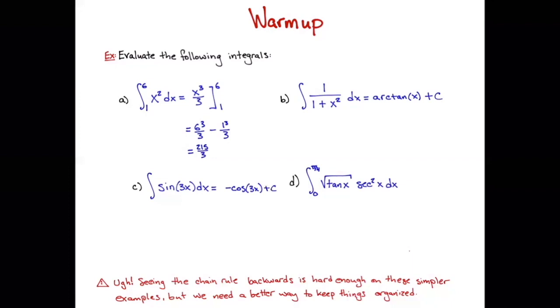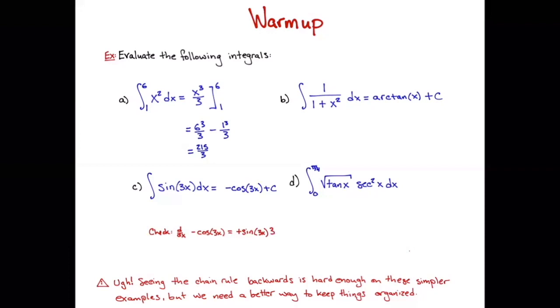But then I think, okay, wait, I can check my answers. I can always check by taking the derivative of what I found, right? So take the derivative of minus cosine of 3x, and I get positive sine, oh, that's encouraging, of 3x. Oh, but the chain rule says I need to multiply by 3.